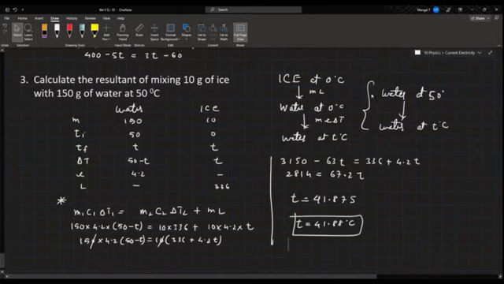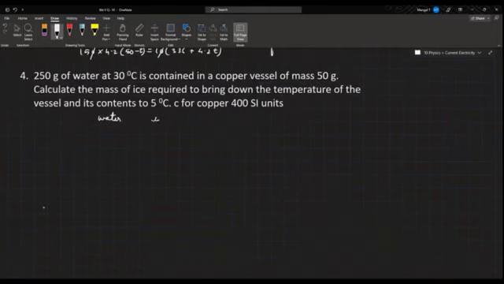Okay, any difficulty, anyone? We have copper calorimeter and we have ice. So water is 250 grams. So this is the mass. Copper is 50 grams. And ice we have to calculate. Initial temperature, the water which is contained in the copper, so the temperature will be same for both of them.